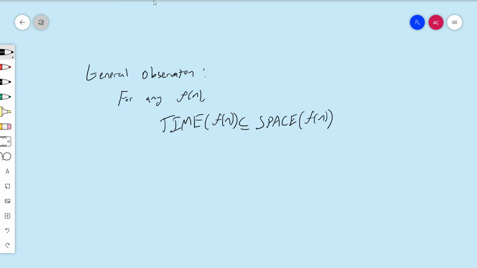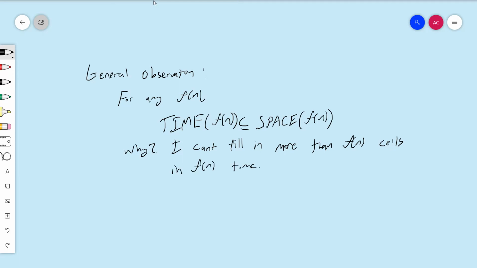That's just always the fact. The time classes are always contained inside of their space counterparts. Why? It's what I said before, I can't fill in more than f of n cells in f of n time.